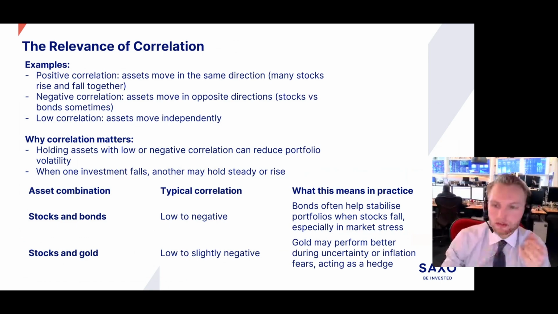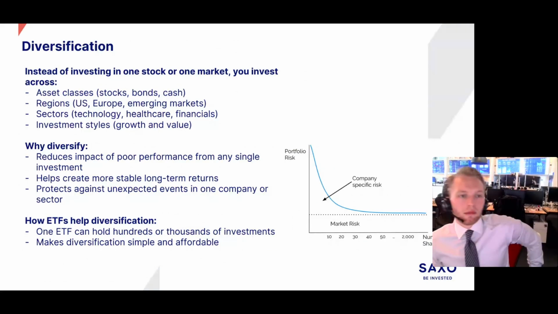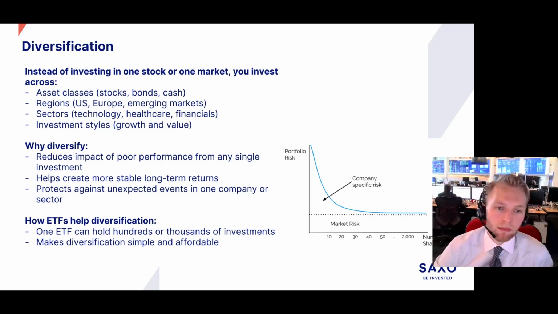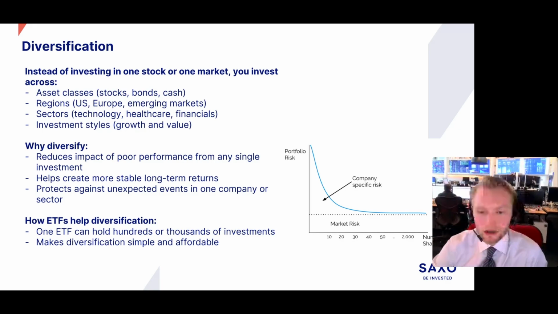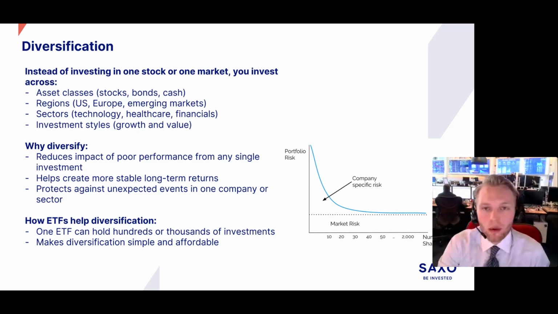And it's also, I would argue, connected to the aspect of diversification, which basically means that you focus on spreading your investment out. That could be in terms of geography, sectors, or investment styles, growth versus value.